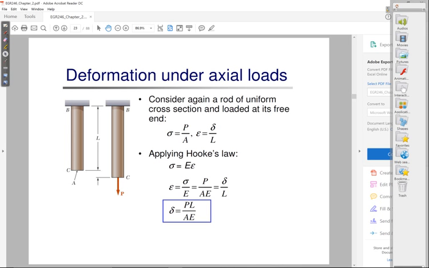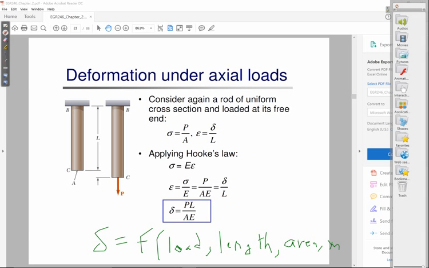So what I want you to think of is this, right? Think about what deformation is actually dependent on. Deformation in this case, right, is a function of load, length, area, and material.